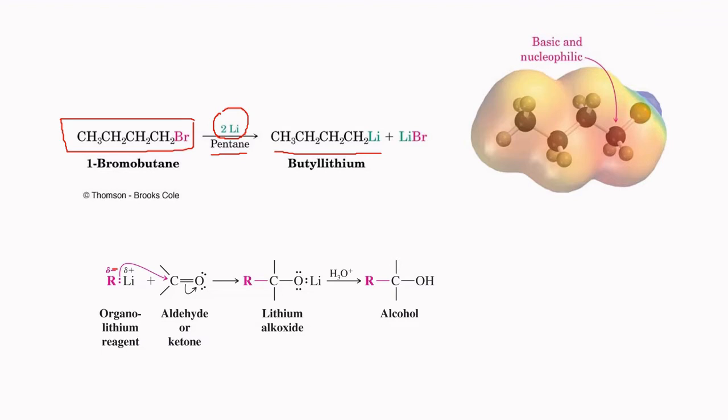The R group, or the C minus, will attack the carbon, and then this electron will move to the oxygen, and it will give us lithium alkoxide, which in turn, when we introduce an acid, will abstract the proton from the acid and give us an alcohol.